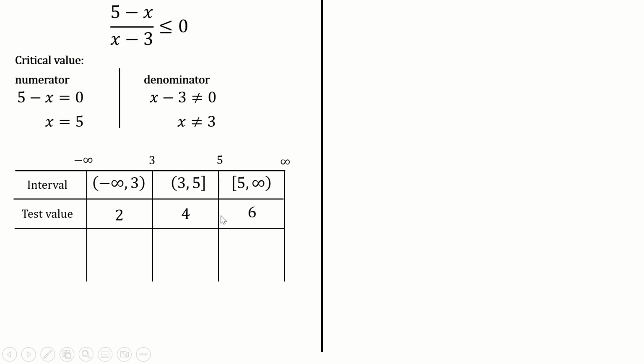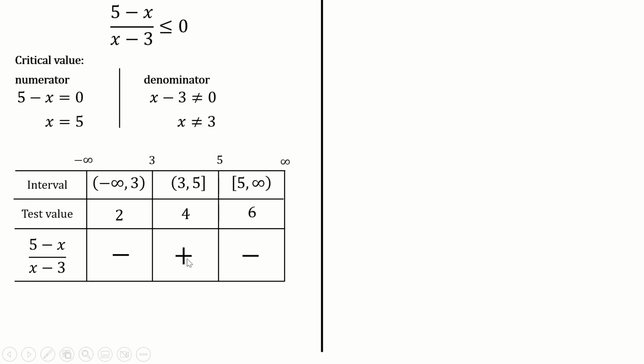Then we substitute all these test values into the fraction (5 minus x) over (x minus 3), and we just want to know the sign. If we substitute 2, we get a negative value. If we substitute 4, we get a positive value. And if we substitute 6, we get negative.